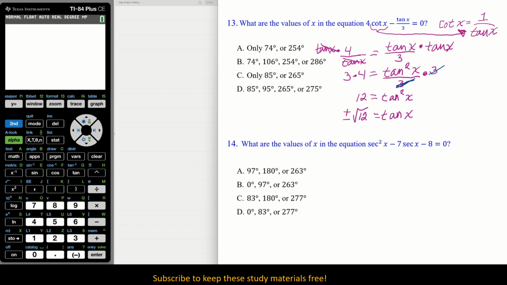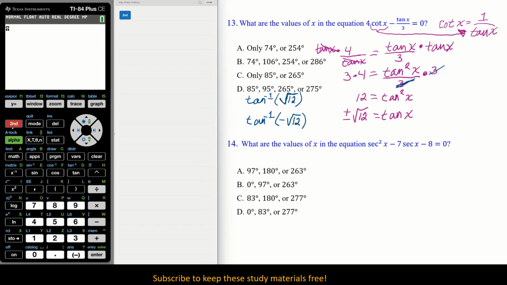Okay, so I'm going to use different colors so we know the difference. So this is what we need: tangent inverse, square root of 12. We'll leave it positive, but we also need tangent inverse of minus square root of 12. And that's what we'll put in the calculator.